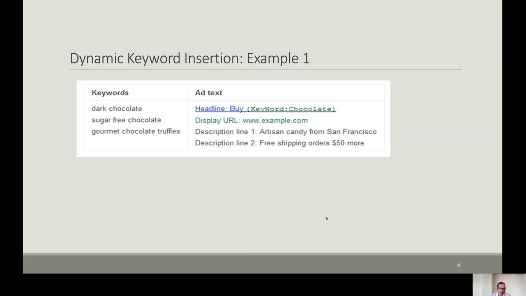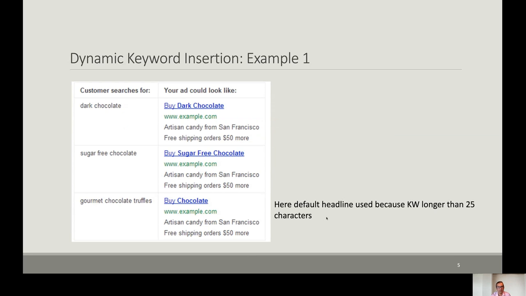So what that indicates is that when one of those keywords, you can see those keywords on the left, that are decided in the campaign. These are three keywords: dark chocolate, sugar-free chocolate, and gourmet chocolate truffles. So whenever a user search query matches up with one of those keywords, that matched keyword will be inserted into the ad headline. Okay, so let's carry this example further.